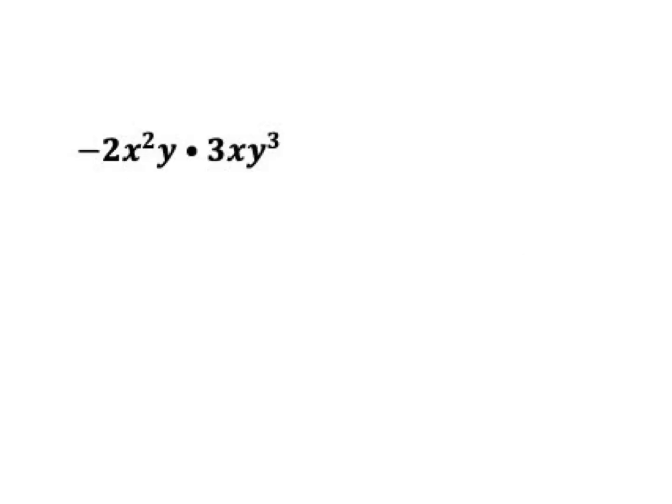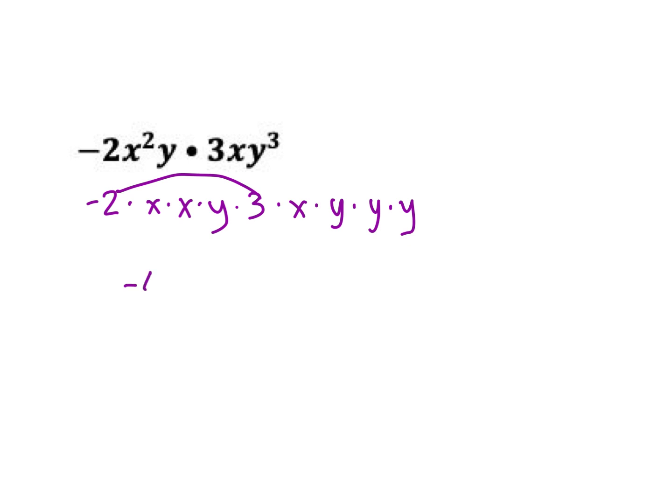So product rule again. Here we can see that this would be like negative 2 times x times y times 3 times x times y times y times y. And if I wanted to, because multiplication can happen in any order, I could rearrange these things and put my numbers together and say negative 2 times 3 is negative 6.